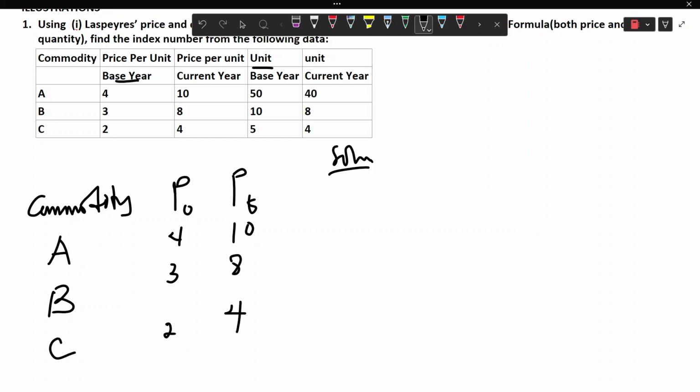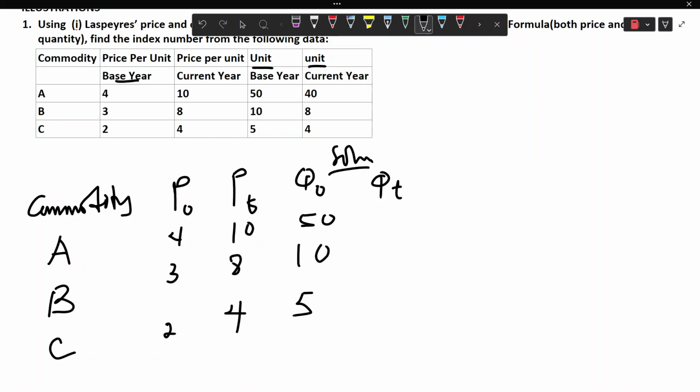Then this one is the units, so quantities in the base year and quantities in the current year: 50, 10, and 5.